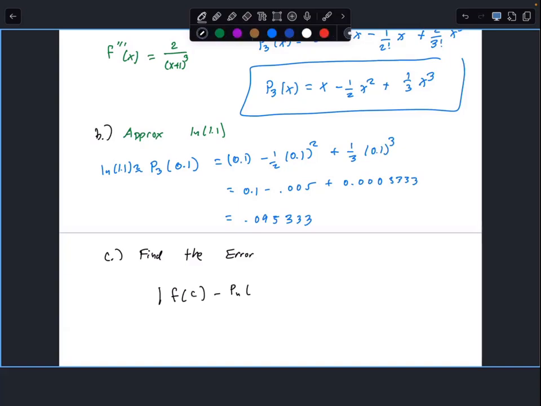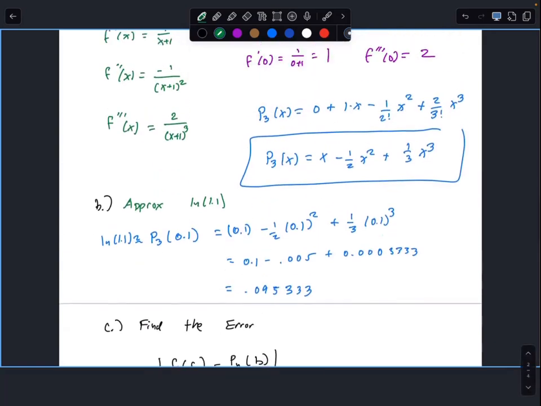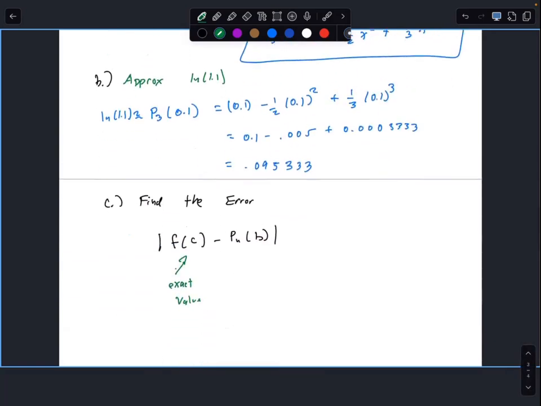I'm going to do f of c here, a Pn of b. Basically, this right here just means it's the exact value. Would it be the same one? F of, actually, it would be the same thing, right? F of b, sorry about that. It's the absolute value. The errors are always positive, just something to note.